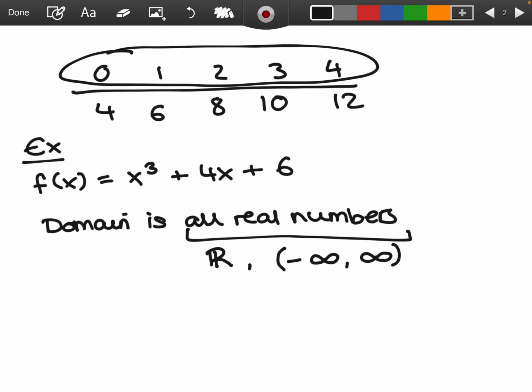So all real numbers you can represent either by R or from negative infinity to infinity. They mean the same thing. That is the case for the domain of any polynomial like this, where you've just got one line of a polynomial, in this case with x cubed as the leading term. Then all real numbers is your domain.